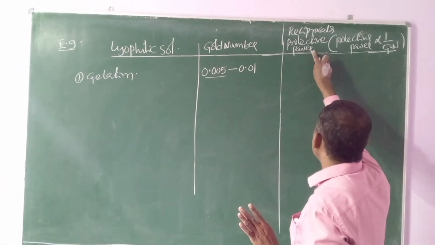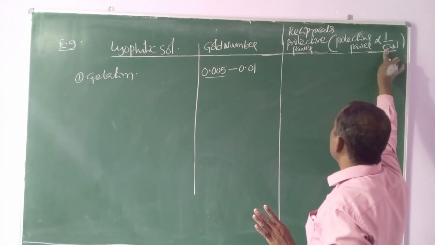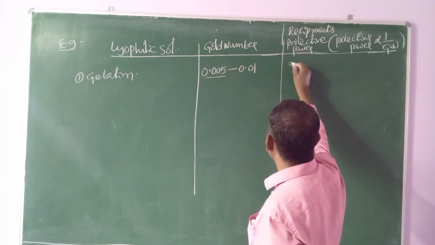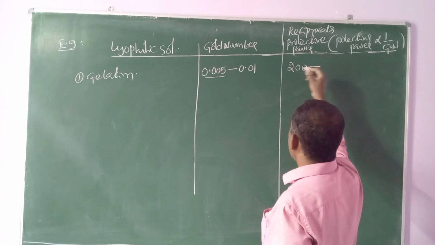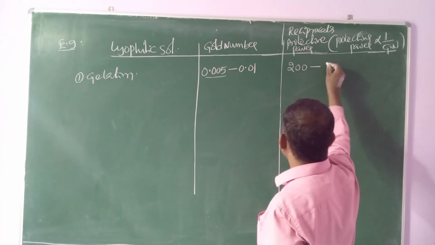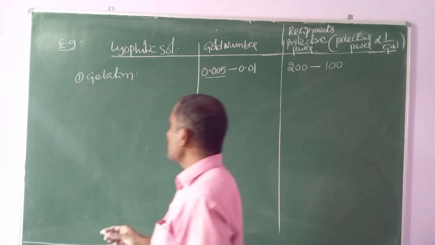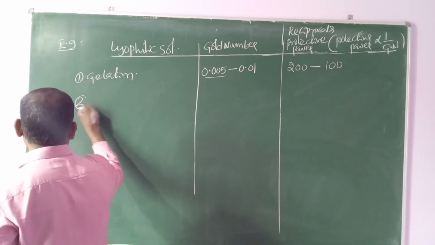Now protecting power is nothing but the reciprocal of gold number. Therefore 1 by 0.005 is 200. 1 by 0.01 is 100. So these are the reciprocals. Gelatin. Next, casein.